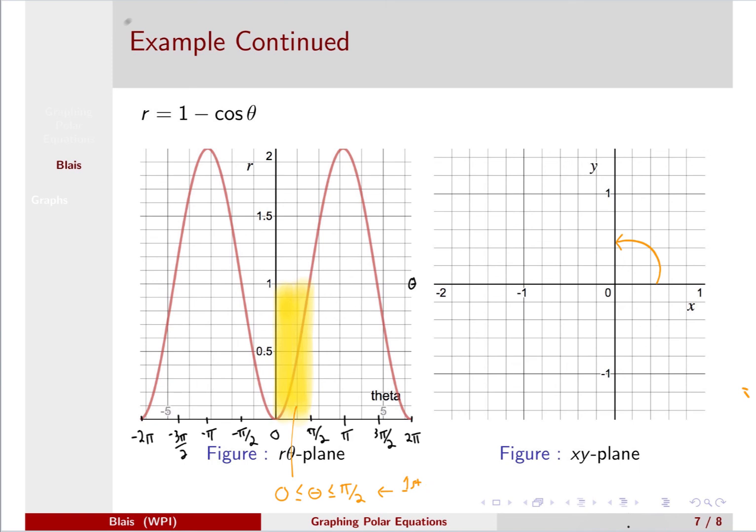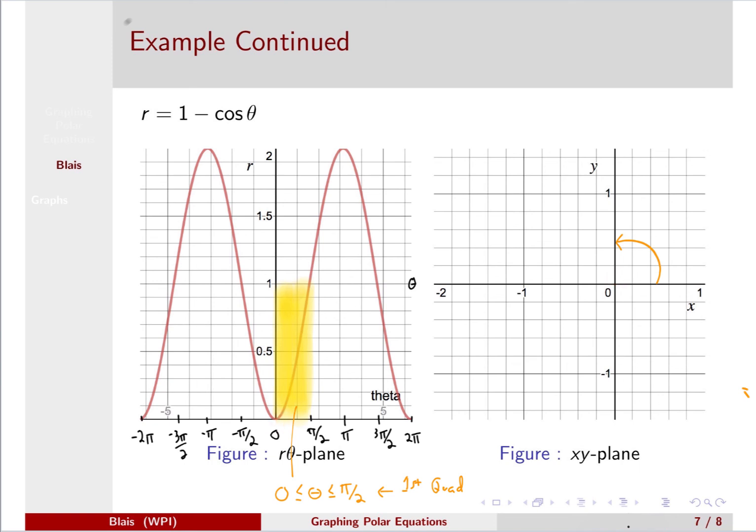And this is telling us that as we sweep out that first quadrant, when we start out at theta equals 0, we are at distance 0 from the origin. That's what r represents.